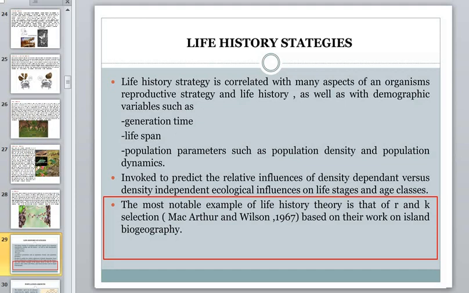No matter what life strategy we choose, if it is successful, then there will be population growth. We have already covered these theories.